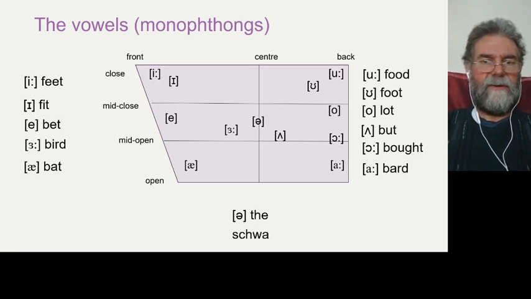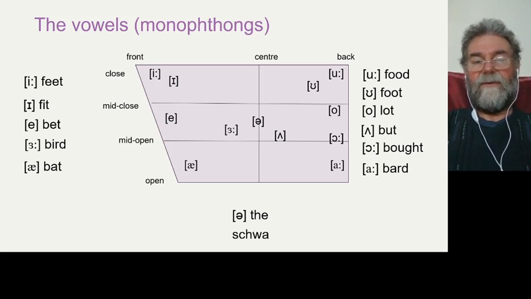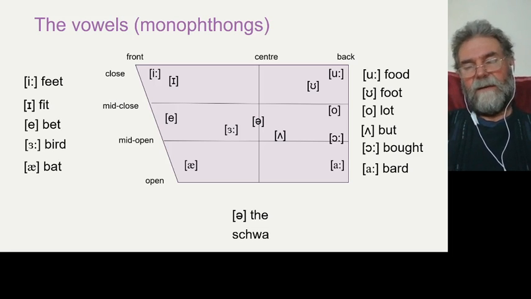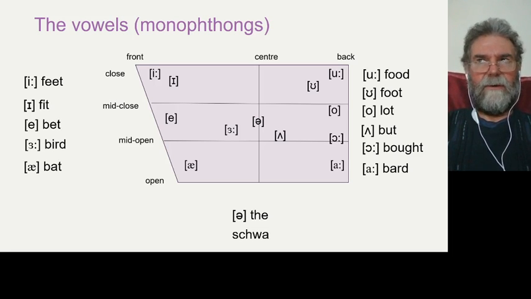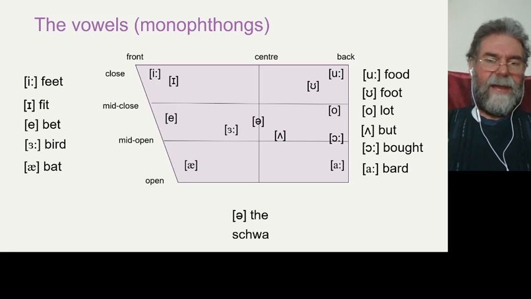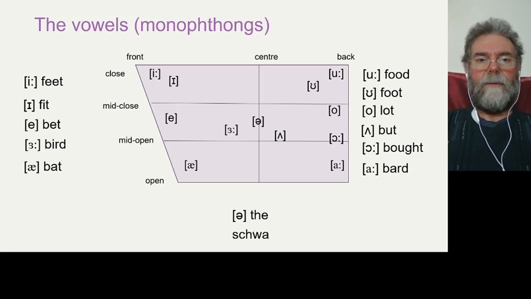In photograph, the main stress is on the first vowel, pho, and then you get followed by an unstressed vowel, t, and then a slightly more stressed vowel, graph. Okay, note, pho, the main stress, is pronounced o. The unstressed t is pronounced schwa. Okay, and then you've got graph, a stressed vowel pronounced a.